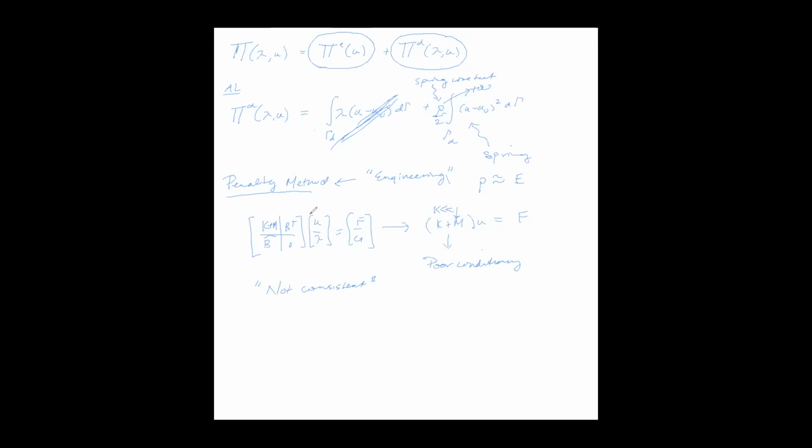So what we would like to do is combine the properties of the penalty method with augmented Lagrangian. And that leads to what's called Nitsche's method.